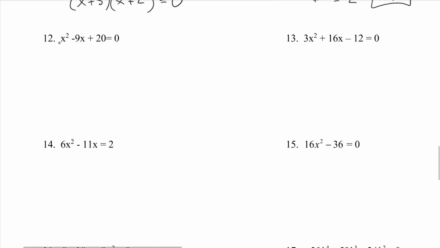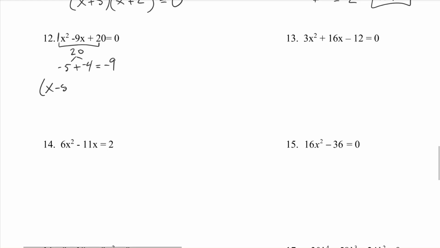12, factors of 20 that add together to make negative 9. Well, I'm trying to, again, multiply to make 20 and add to make a negative, so I need two negatives. Well, then that would be -5 and -4. Because my leading coefficient is a 1, those are my factors.